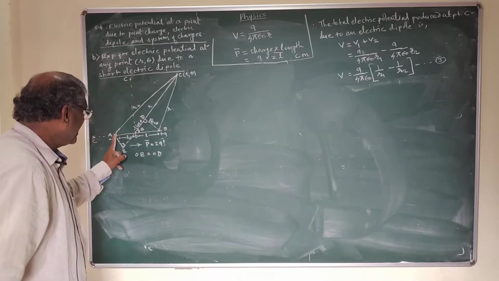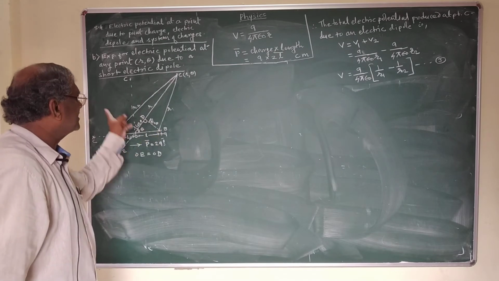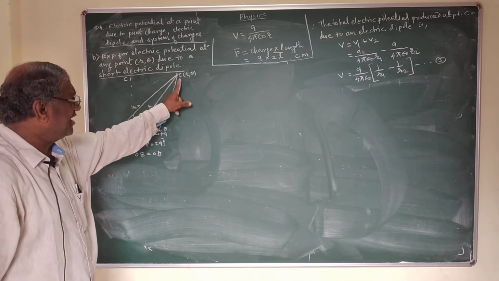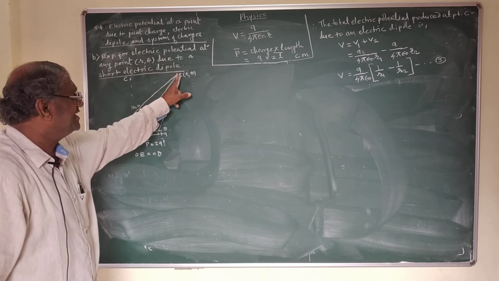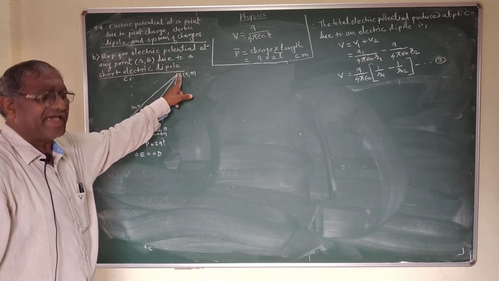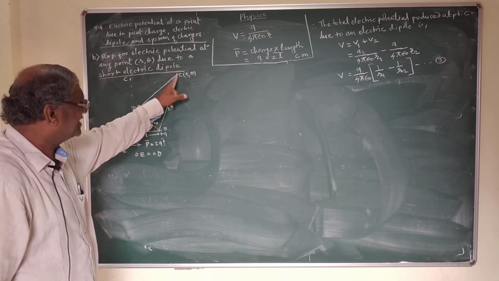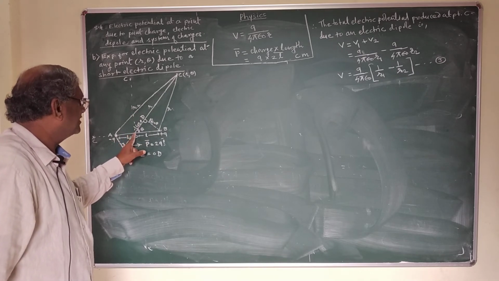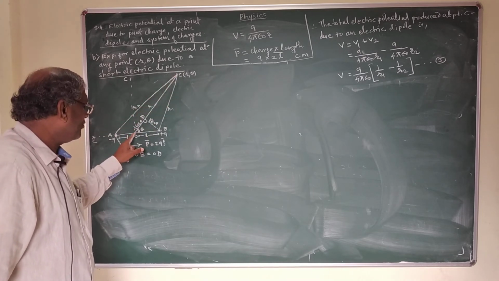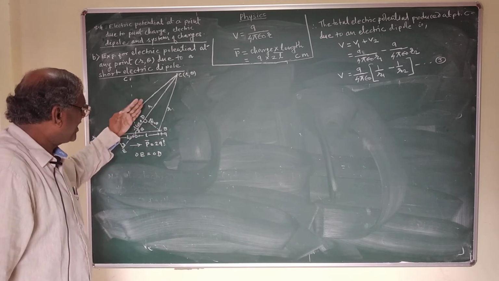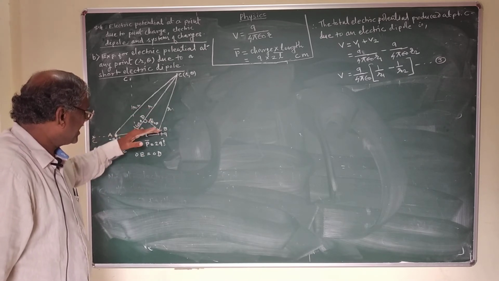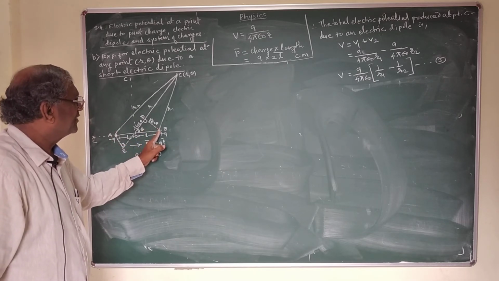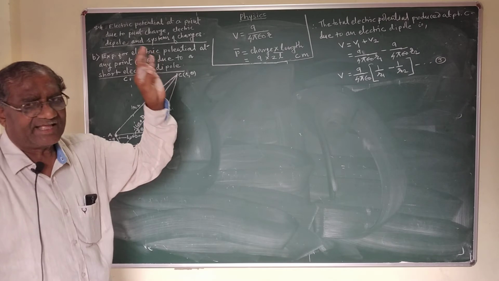Now, this electric dipole produces electric field in the surrounding medium. In that electric field, let us consider the point C anywhere, at distance r from the center of the dipole, making an angle theta with the axis of the dipole, at which we have to find electric potential.